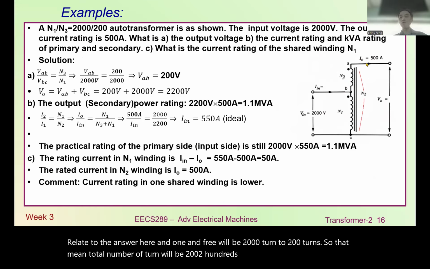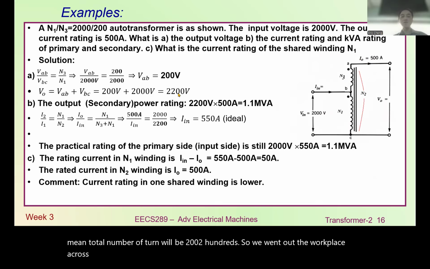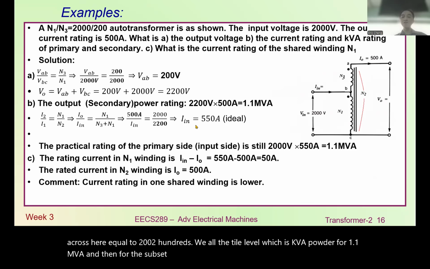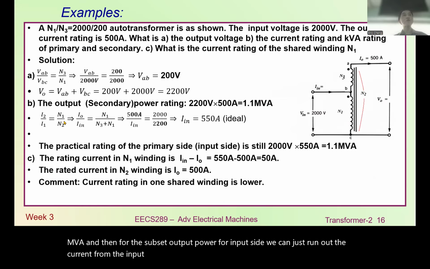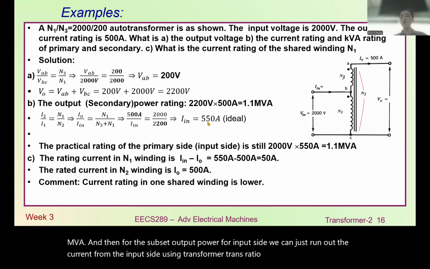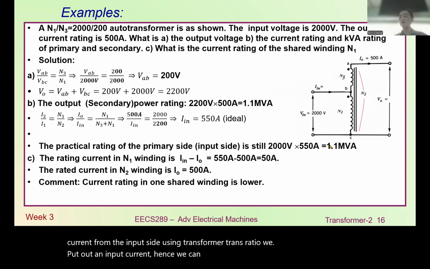So we work out the voltage across here for 2,200. We work out the power level, which is the kVA power level, 1.1 MVA. Then for the input side, we can work out the current using the transformer turns ratio. We can work out the input current, hence we can get the input power rating equal to 1.1 MVA.